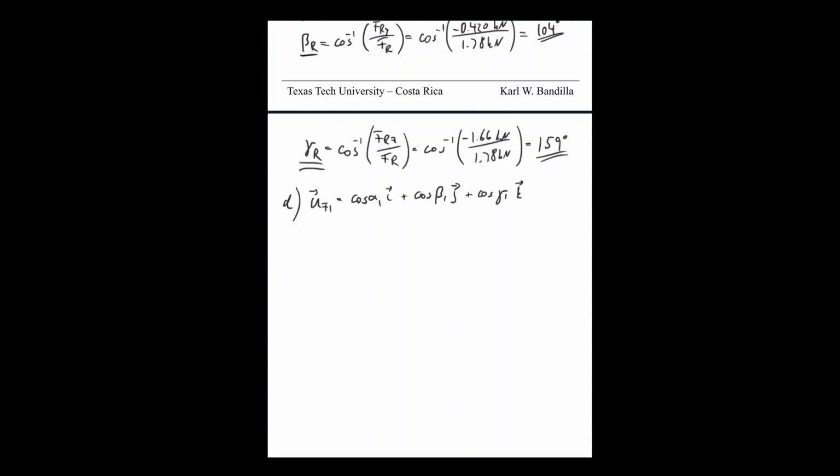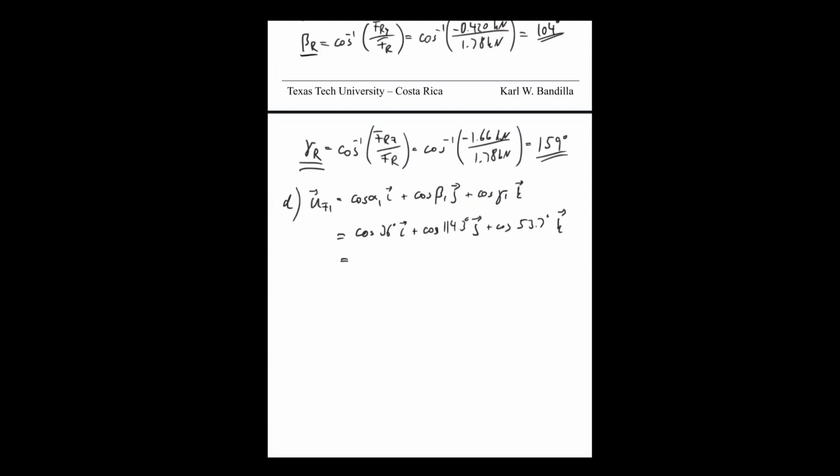That's pretty straightforward. So that means we get cosine of 36 degrees times I plus cosine of 114.3 degrees times J plus cosine of 53.7 degrees in the K direction.